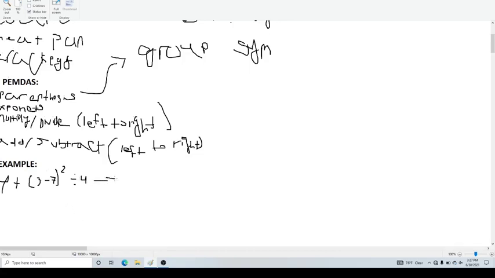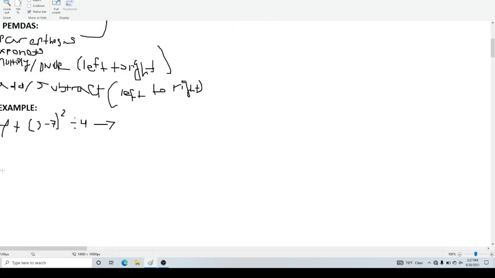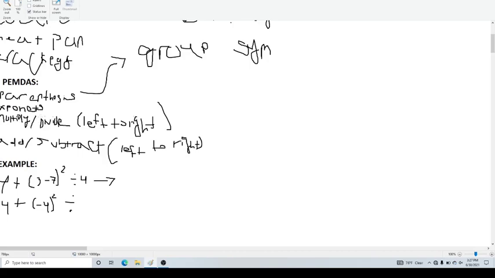So we would have 4 plus, so 3 minus 7 is minus 4, squared, and we're going to divide it by 4. All right, so now that there isn't any parentheses, we do exponents. Is there any exponents?